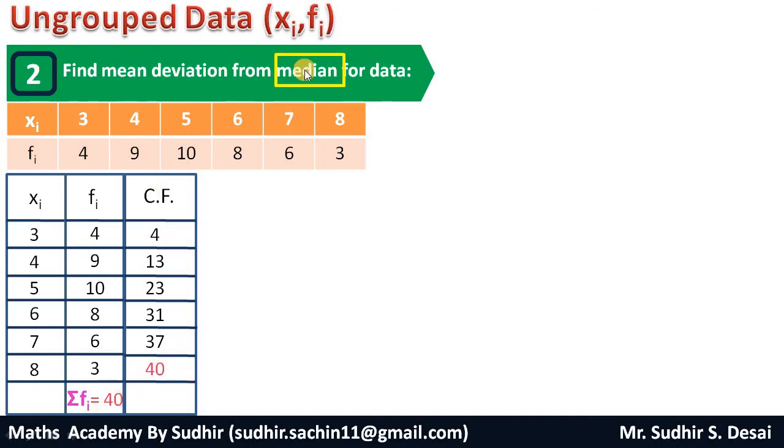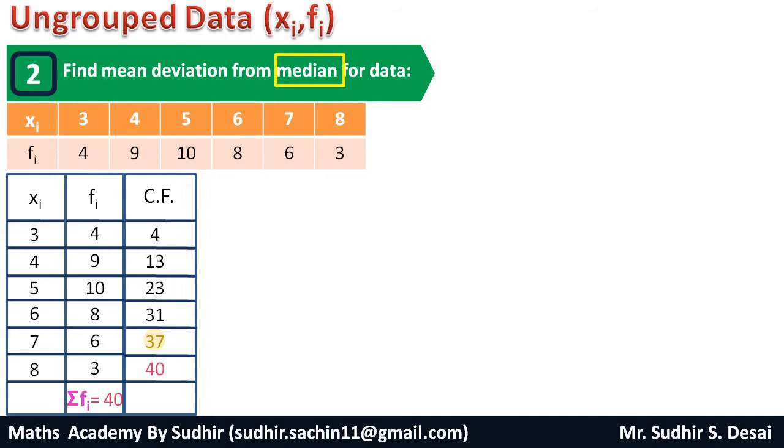Okay, so to find median, first step is to calculate CF, cumulative frequency. Keep the first frequency as it is and then add the corresponding frequencies. 4 plus 9 is 13, 13 plus 10 is 23, 23 plus 8 is 31, 31 plus 6 is 37, 37 plus 3 is 40.